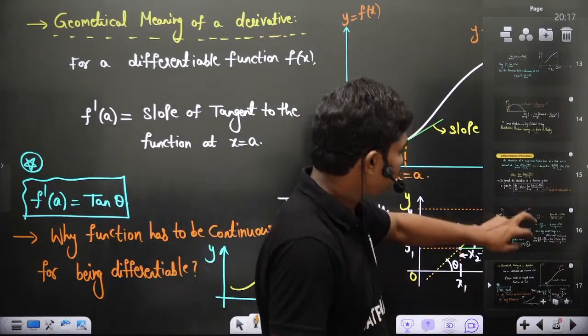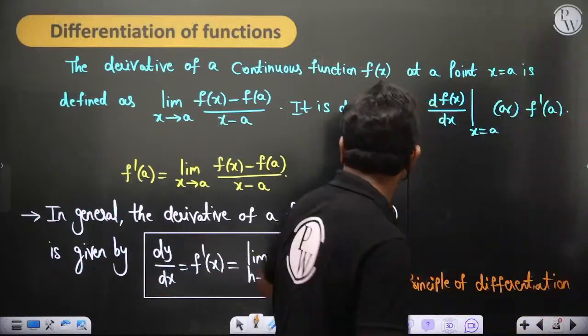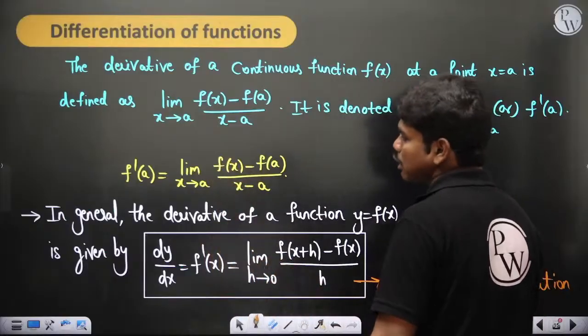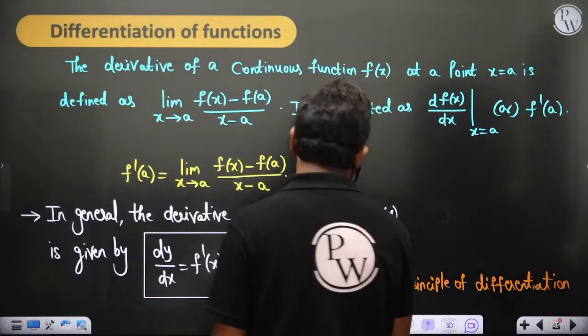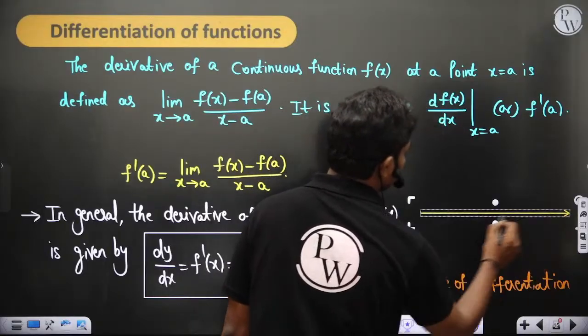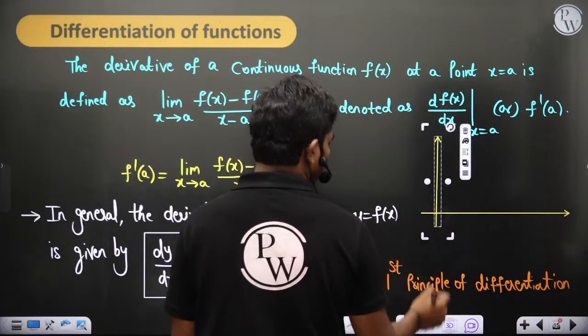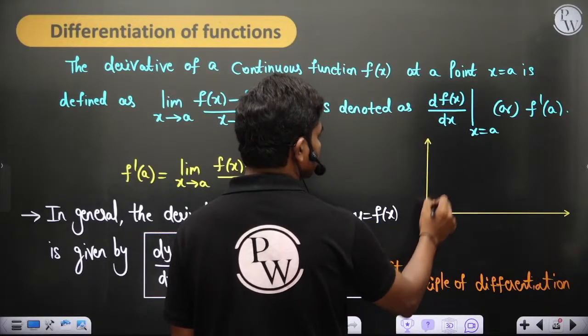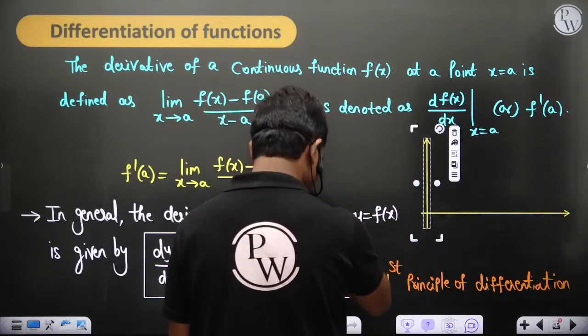See, this definition is the same as this definition, because you can understand if I draw a graph here. I'll draw one graph to make you understand things in a better way.